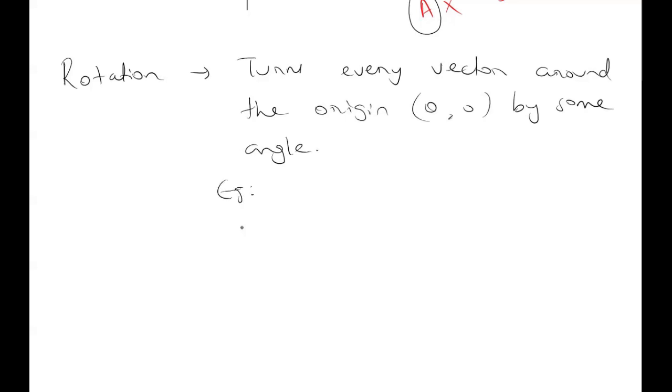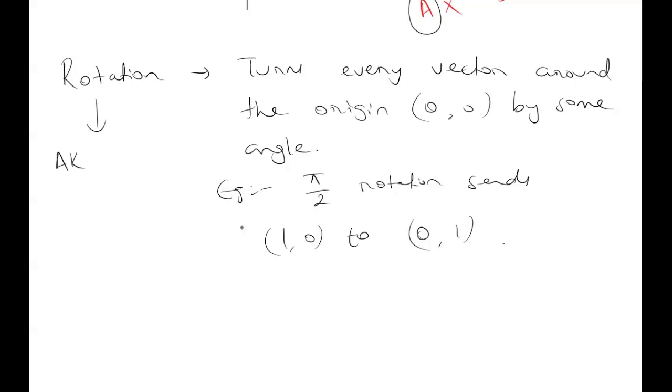For example, a pi by 2 rotation sends 1 comma 0 to 0 comma 1. So what we can conclude is that under rotation, the length of the vector remains the same, only the direction changes. Rotation is also known as spin. So whenever we get a question like "do the spin", we can say that we have to find out the rotation.